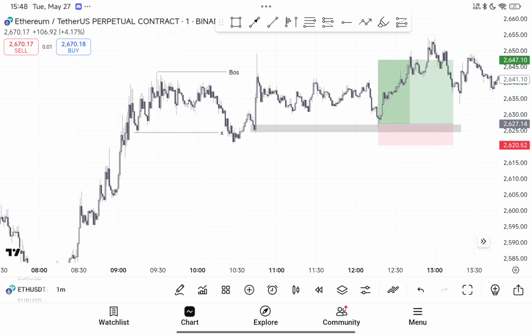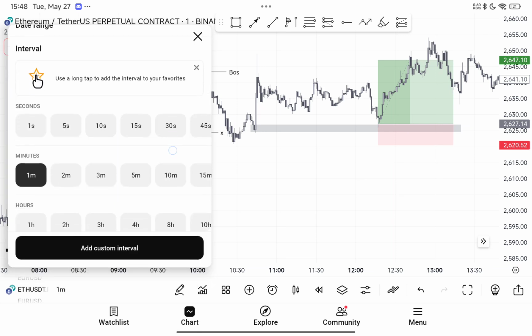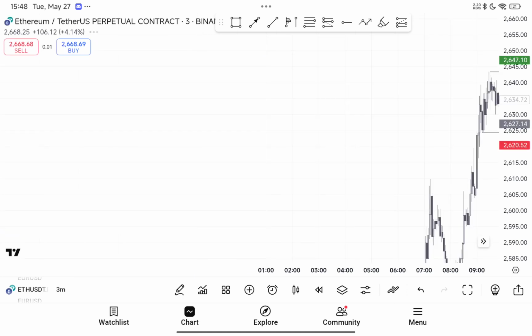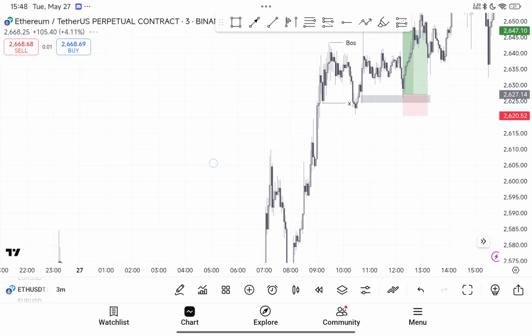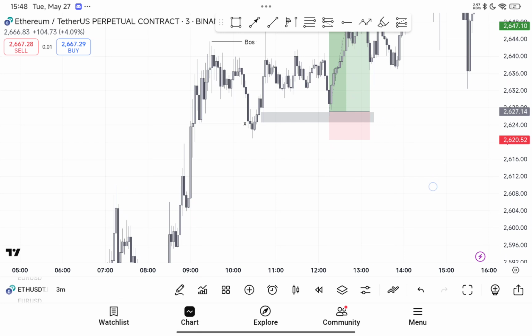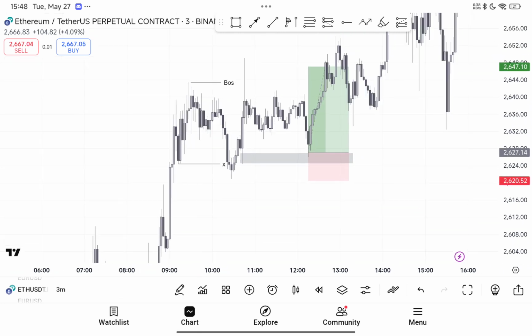Now another way I make sure that the block I'm using is the right block is I move to a higher time frame so that the candle noise can reduce. The higher you go in the time frames, the fewer the candles. When I do that, the candles begin to reduce, and then I can see the blocks I want to use properly.